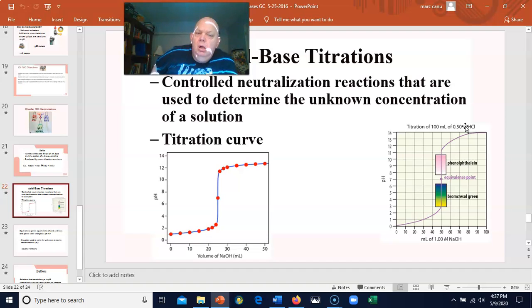Half a molar of HCl, okay. So that means if we had 1 liter of this stuff, we'd have half a mole in it. Okay. Down here, we have milliliters of 1.00 molar NaOH. So if I have 1 liter of that NaOH, I have 1 mole of NaOH.